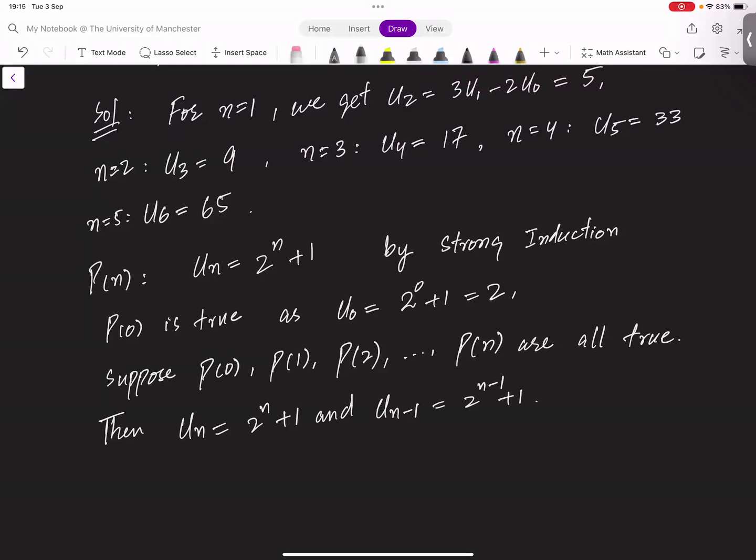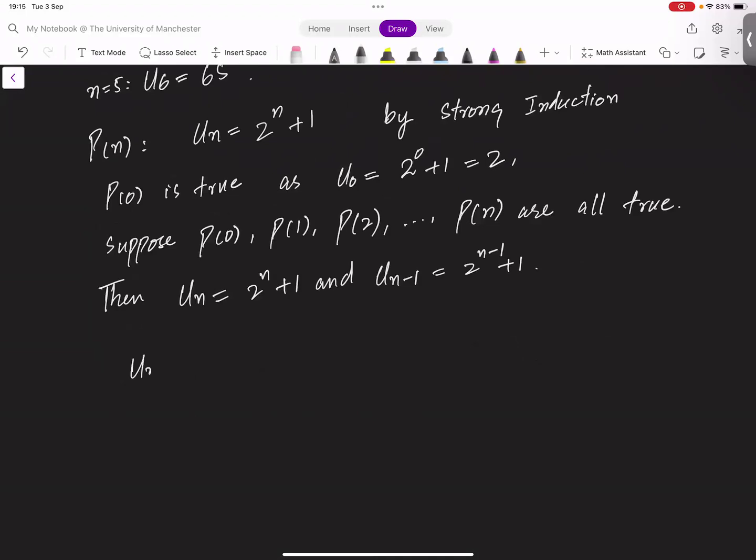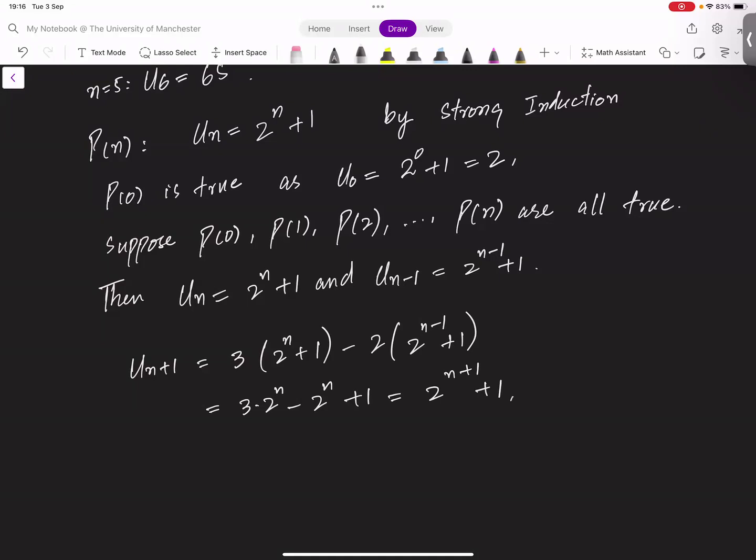Hence, from the recurrence relation, we get that un plus 1 is 3 into 2 power n plus 1 minus 2 into 2 power n minus 1 plus 1. If you solve this, you will get 3 into 2 power n minus 2 power n plus 1, which is nothing but 2 power n plus 1 plus 1, which shows that P of n plus 1 is true.